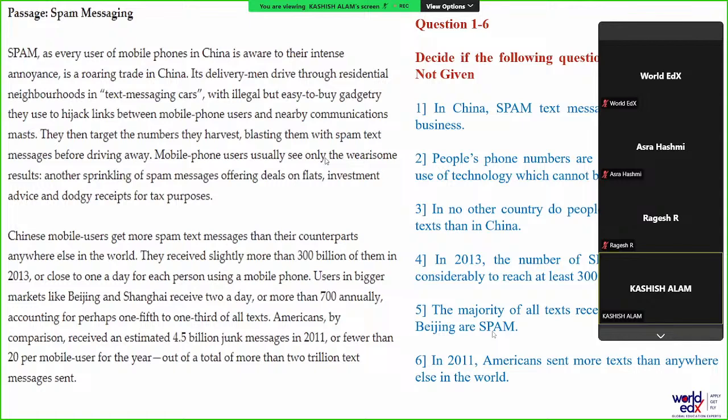Anyone with the last question? It's easy to spot where 2011 is being indicated.